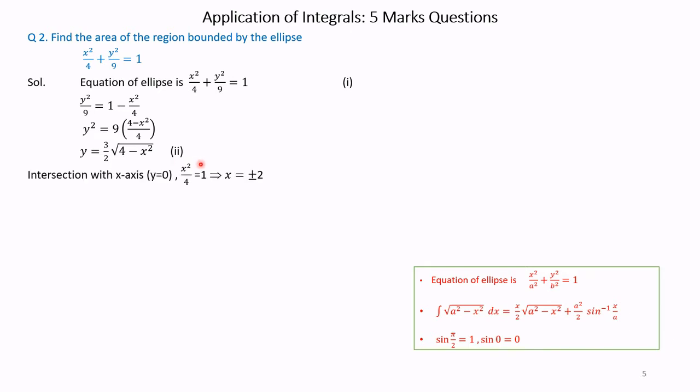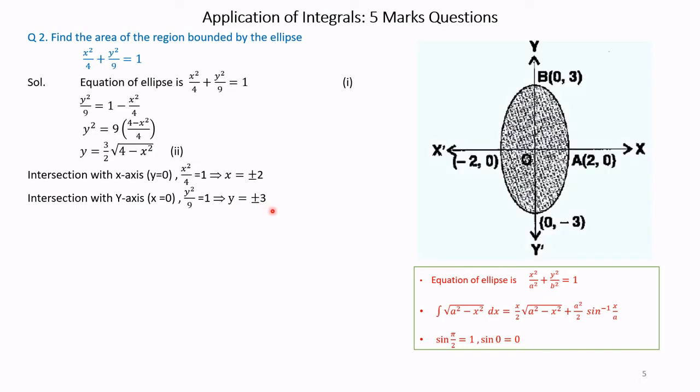So we will find the intersection along y and x. So when y is 0, x is equal to plus or minus 2. And when x is equal to 0, y is equal to plus or minus 3. So we have found x is equal to plus or minus 2 and y is equal to plus or minus 3 for the ellipse.